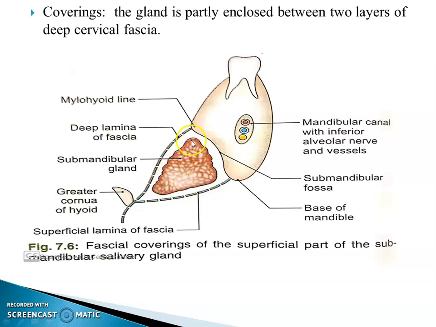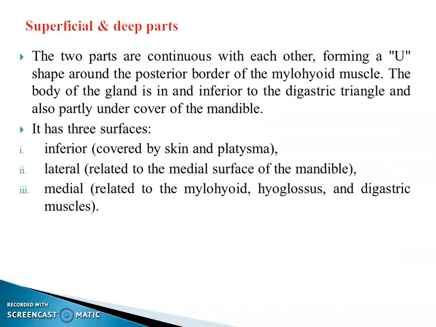The inferior and the medial surface of the gland are covered by the deep and superficial lamina of deep cervical fascia. This deep lamina on the superior side is attached to the mylohyoid line which is present on the medial aspect of the mandible, and this superficial lamina is attached to the base of the mandible. So these are the coverings over the submandibular gland.